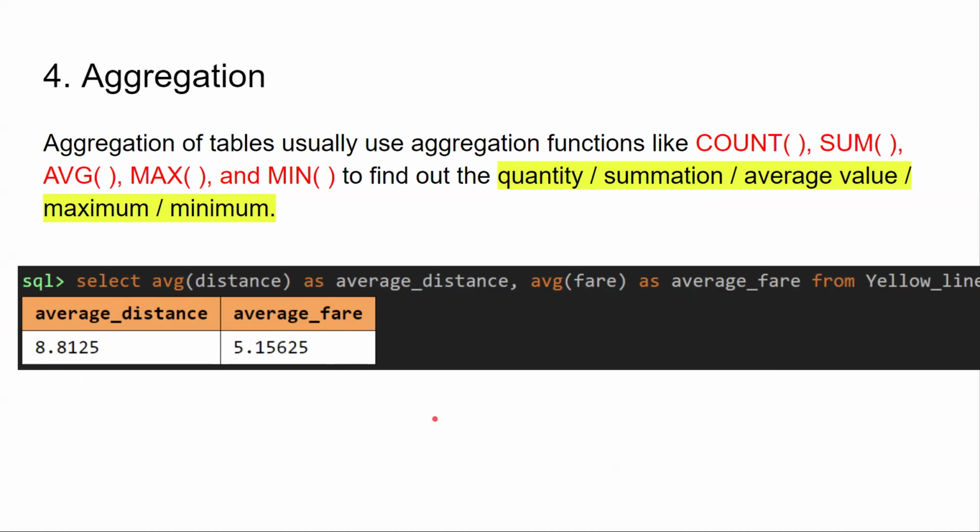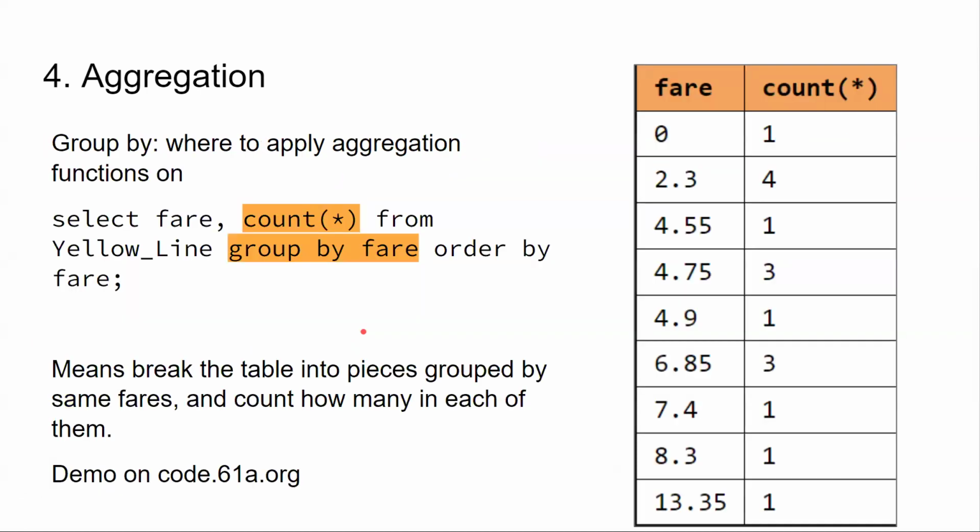For average of distance and average of fare, you are counting all of them together, so there will be only one piece of data. You only have one output for each column. Yep. And the next one I want to talk about is group by.